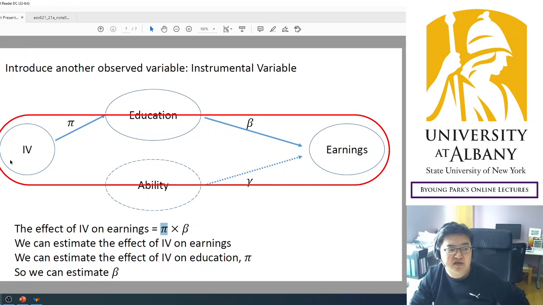So you can calculate how much education increases when the new variable increases. So then if you know this, then beta can be calculated. That's how we identify beta when the endogeneity problem arises.